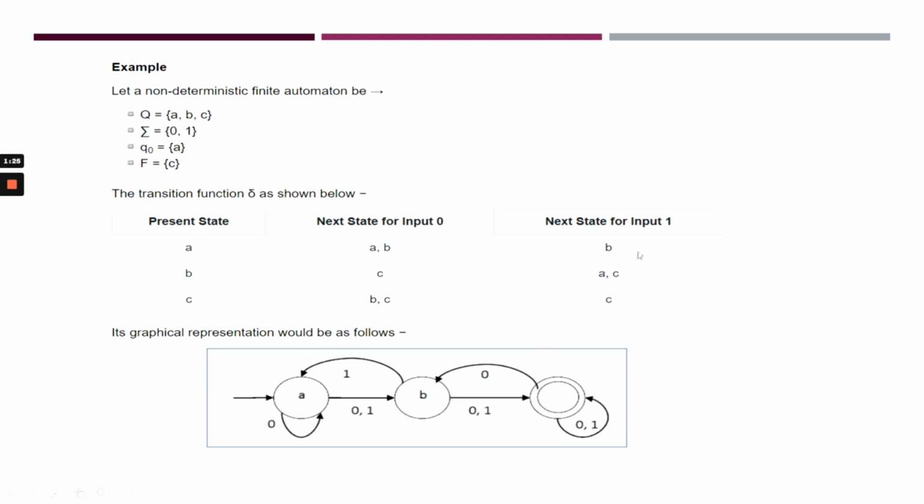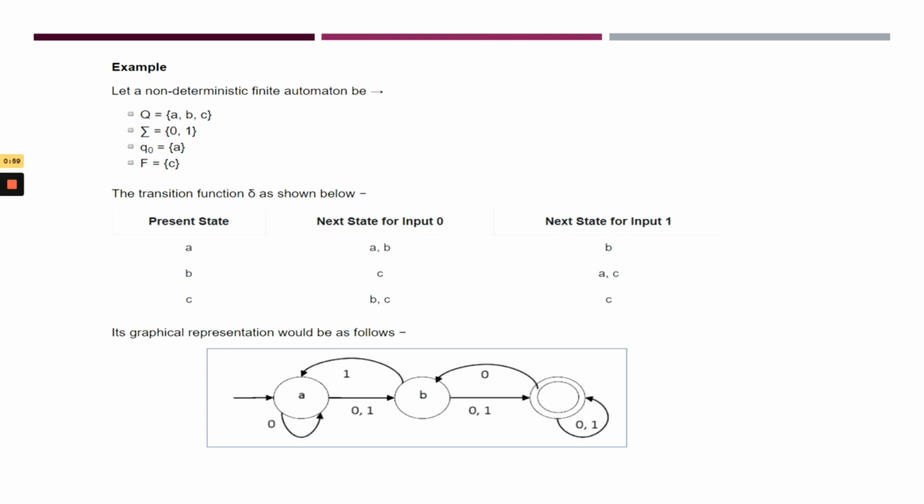And for A, if the input is 1, then it goes to B. For 0 and 1, we have B as the next state of A. And for B, if the input is 1, then it goes to A and C. Not only one state, it has two states for each input symbol. So this is known as NFA.